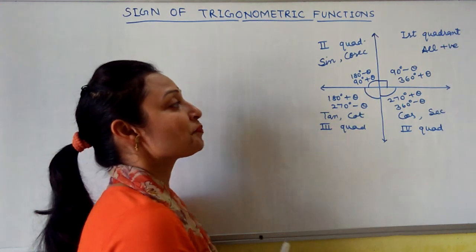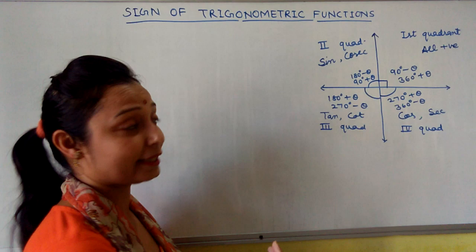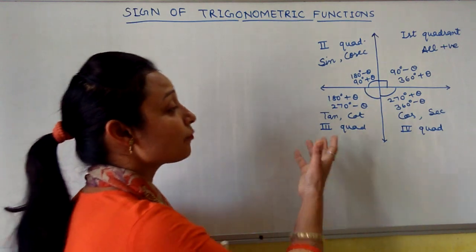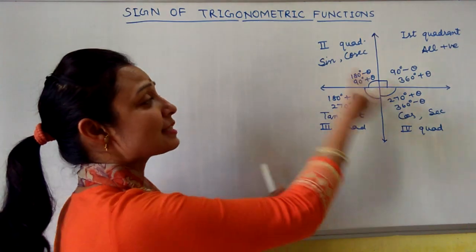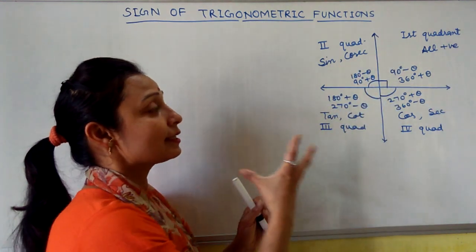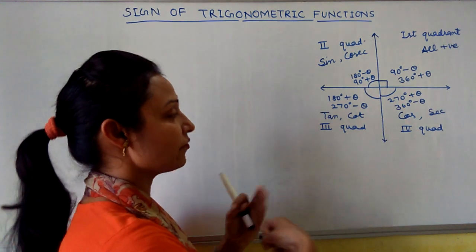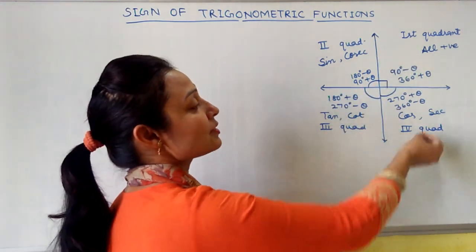Now come to the angles. How can we find whether the ratios of those angles are negative or positive? All this material needs to remain in your mind. There is one formula, one trick to remember all these terms.